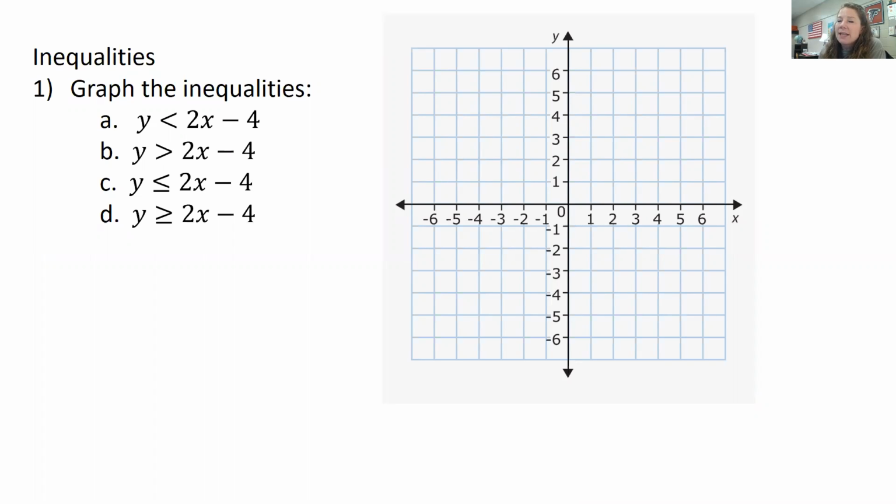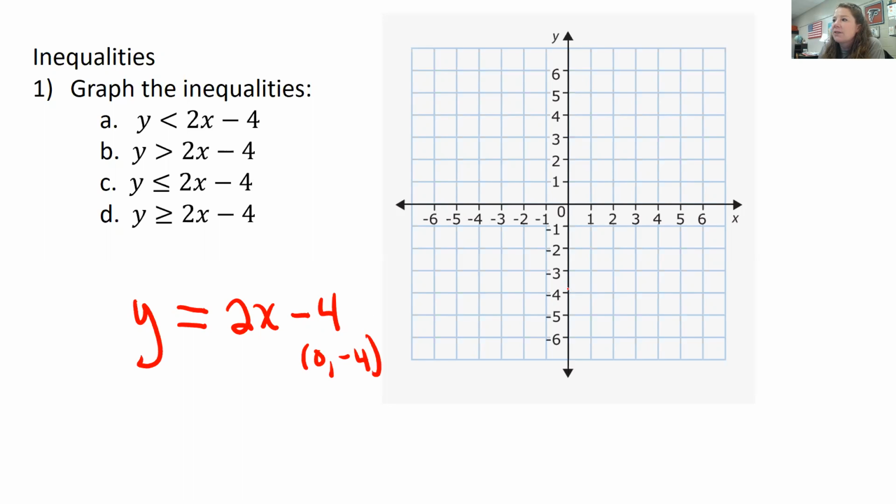For number 1, A through D, we would graph all of these the same way we would if, instead of having a less than or equal to sign or a less than or greater than sign, it was an equal to sign. Just as if we were graphing this, I would start at the y-intercept, which is (0, -4).